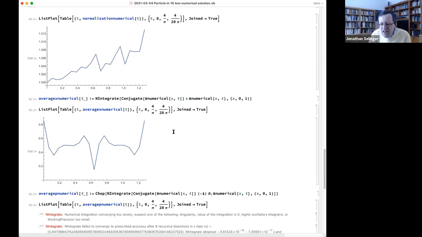This class is a very traditional quantum mechanics class, and it concentrates on the traditional method, which is solving the time-independent Schrodinger equation to get these special time-independent states and finding what the energies of those things are.